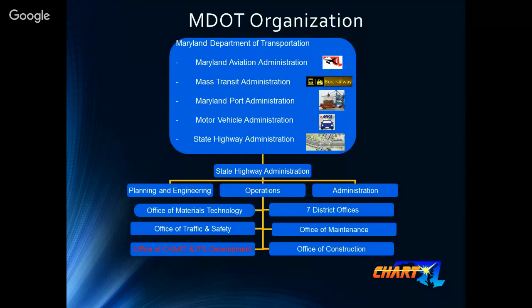That's one of the first unusual things about State Highway: they decided early on that it was important enough that we find a way to manage traffic on our roadways, not just try to build and maintain our way out of it, that they set us up on an equal level with the traditional engineering branches.